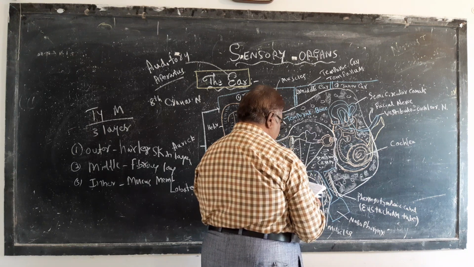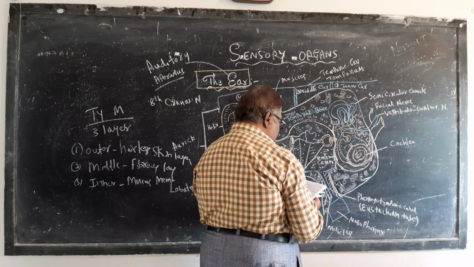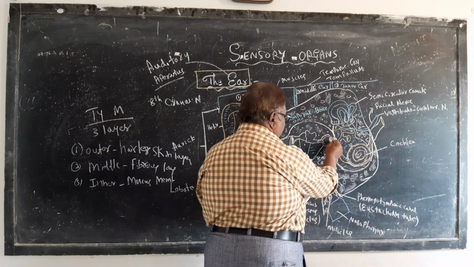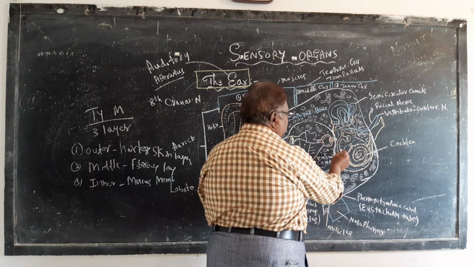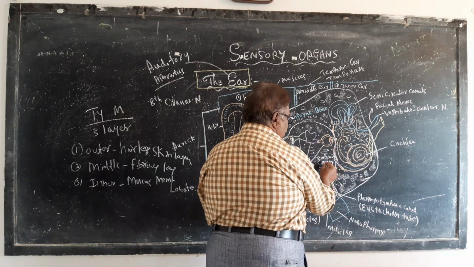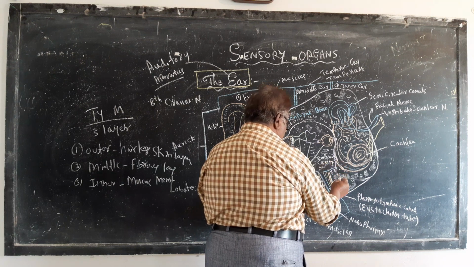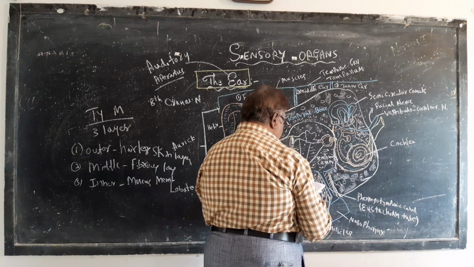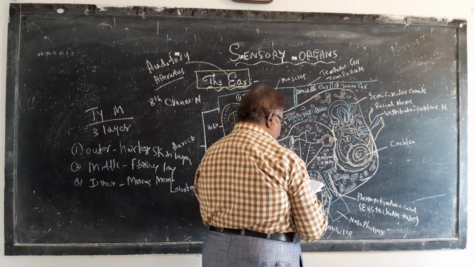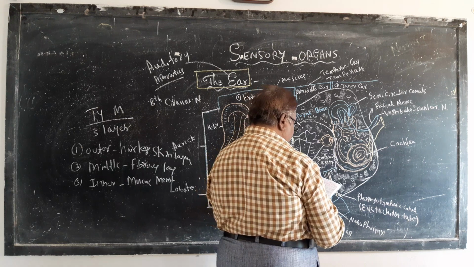So the medial wall of the cavity contains the oval window, the opening closed by the plate of the stapes ossicle. Here the stapes ossicle opens into the cochlear cavity, and the tympanic cavity also opens by another opening, the vestibule of the inner ear.